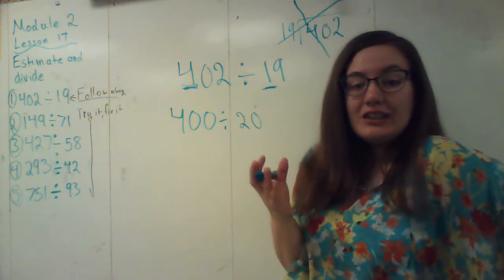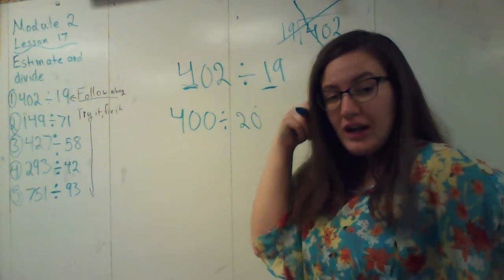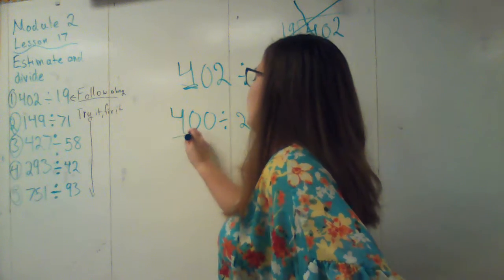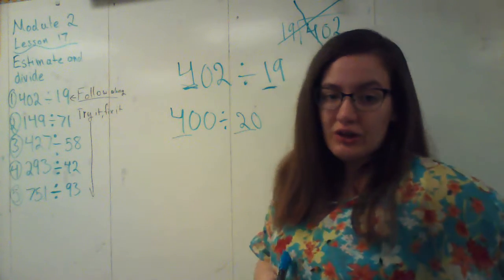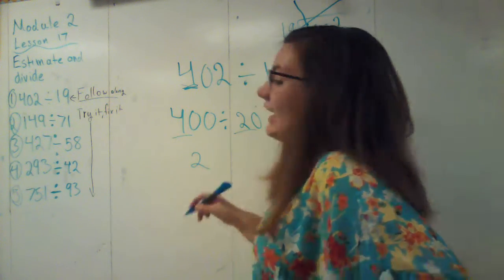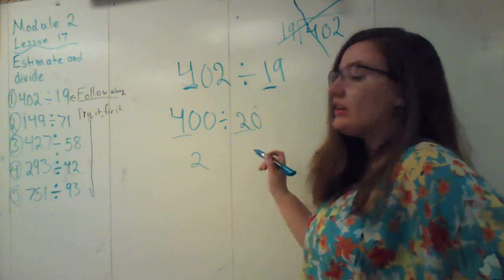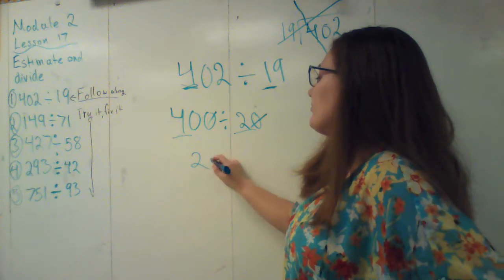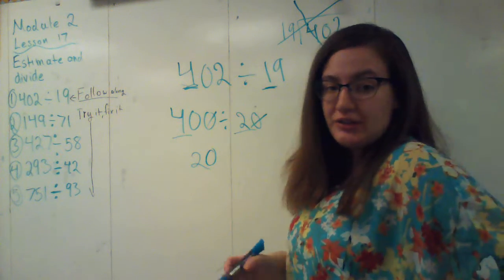Now this should be a problem you can do in your head pretty easily. So what I'm going to do is I'm going to have 4 divided by 2, which is 2. And then, like we learned yesterday, I can cancel out the zeros if I want. So I have 20, so that's one way to do it.